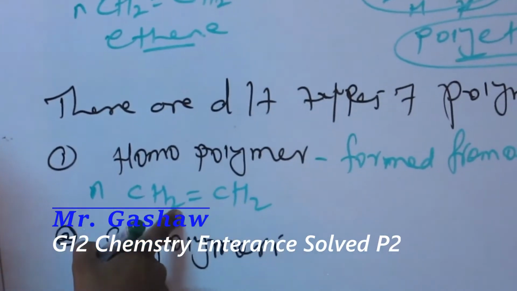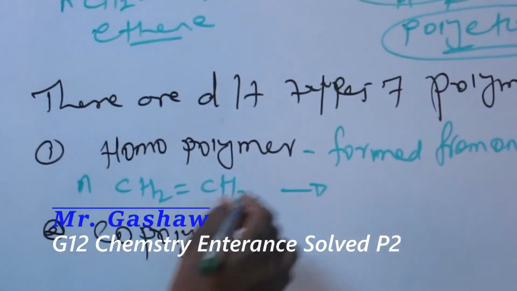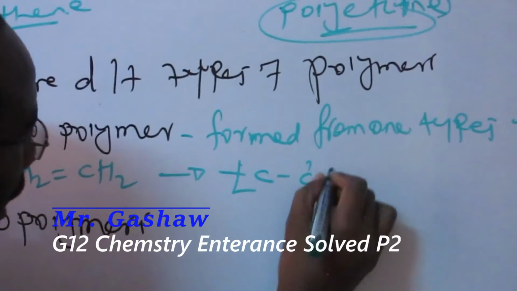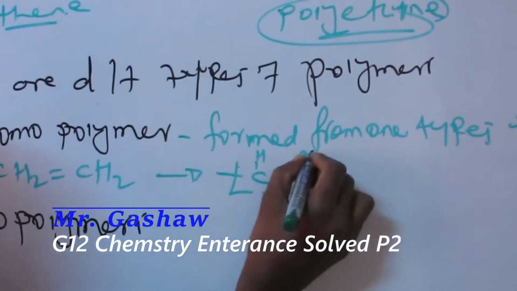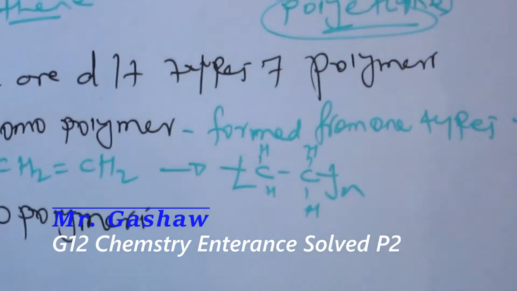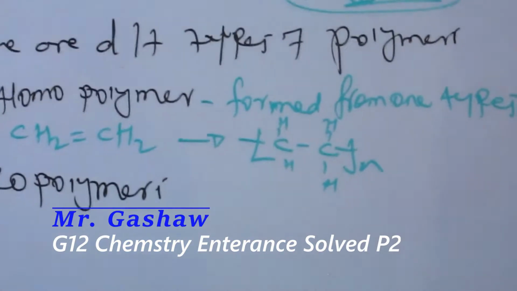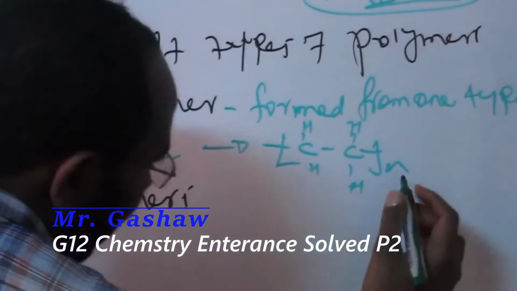This one is the monomer unit, or smaller unit. This should be converted into large molecules. So this one is a polymer, polyethene.